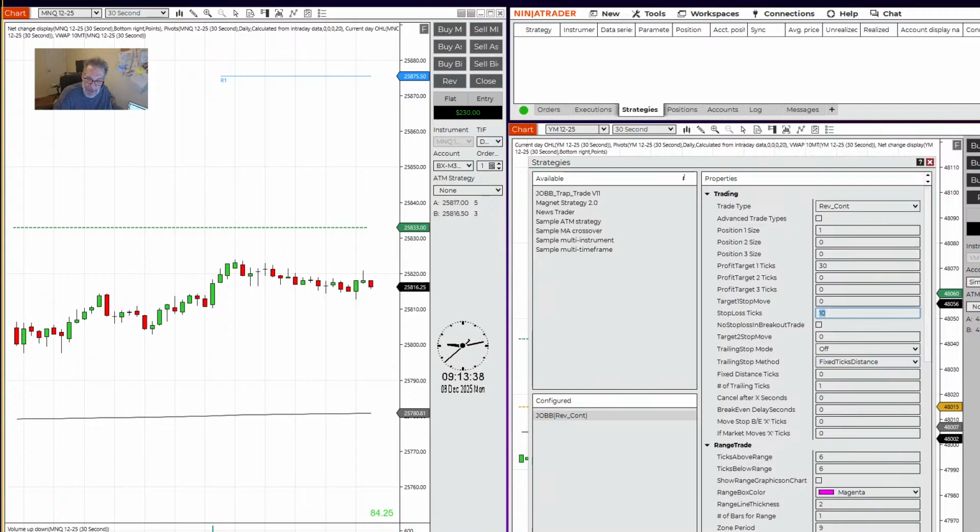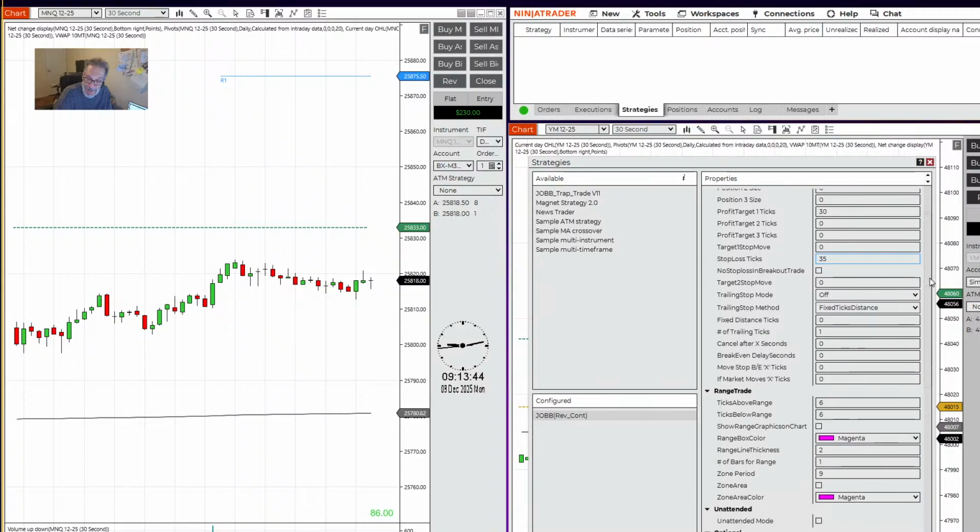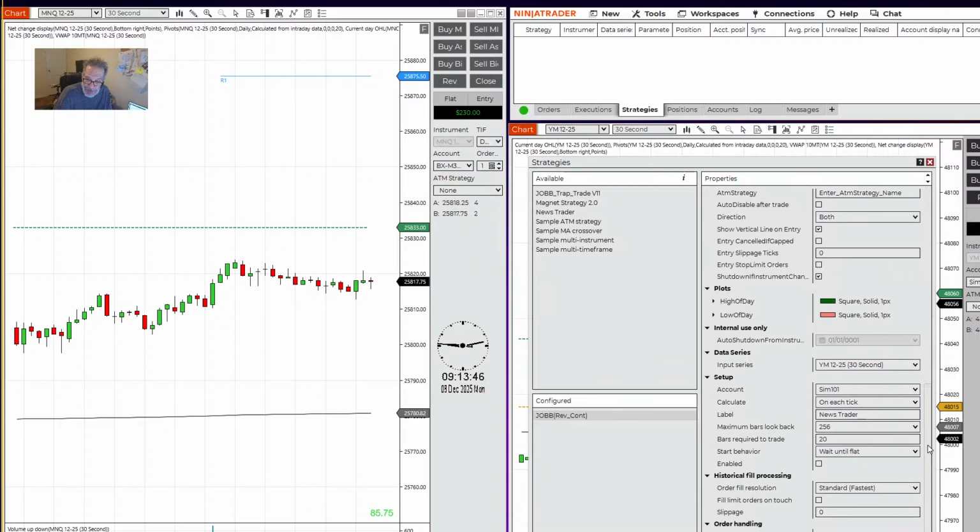And I'll do a stop, 35. Discretionary trade. Label it YM reverse continue.